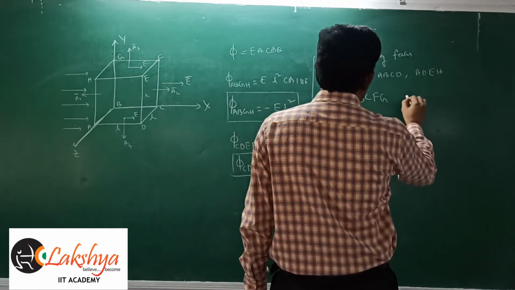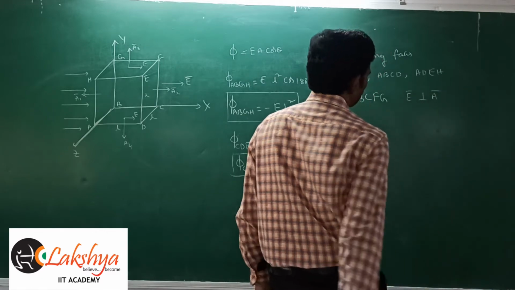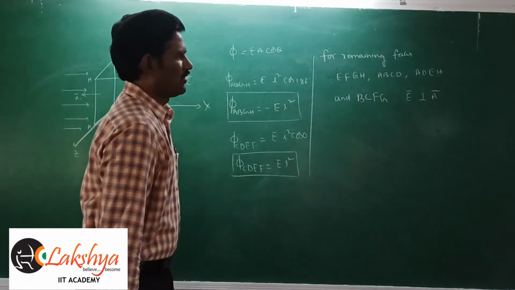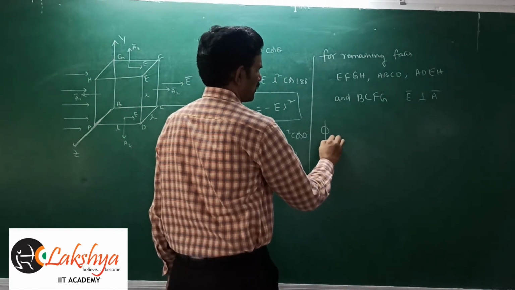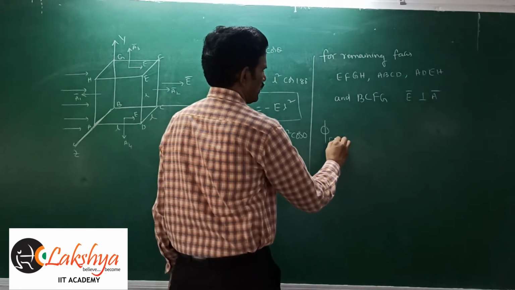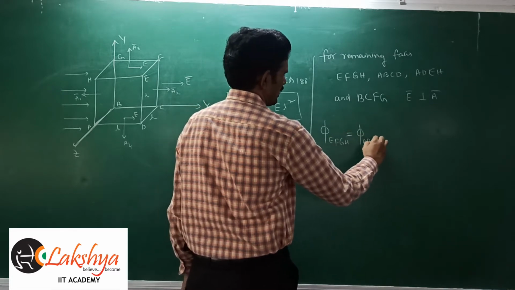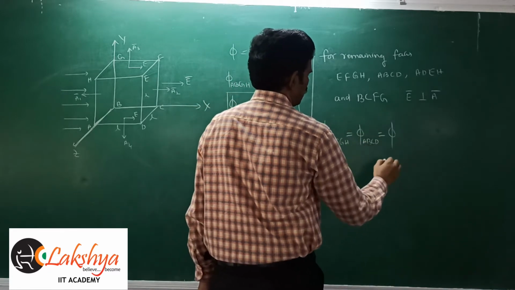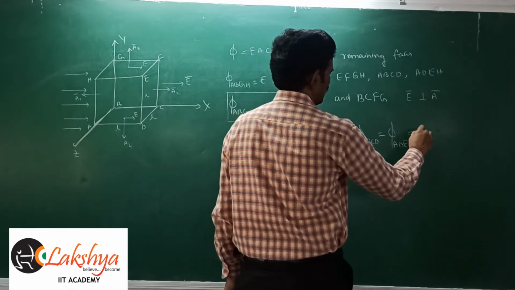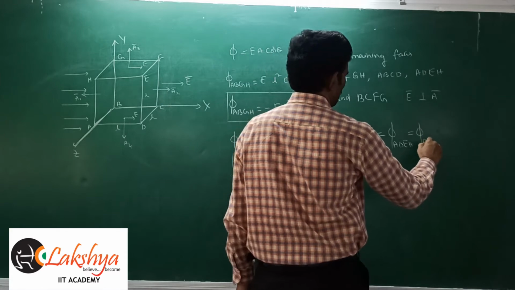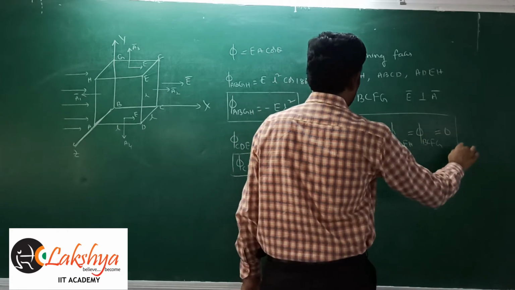For all these faces, E bar is perpendicular to A bar. Therefore, the flux passing through them will be 0. So the flux through EFGH is equal to the flux through ABCD, equal to the flux through ADEH, equal to the flux through BCFG, and for all these places the flux will be 0.